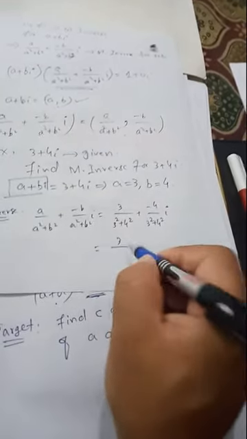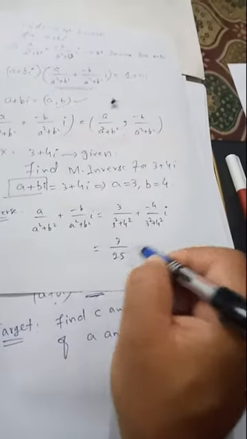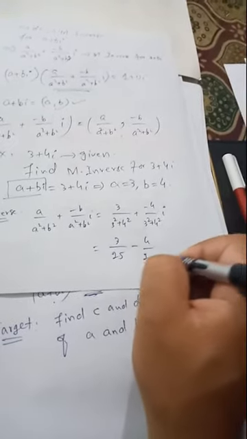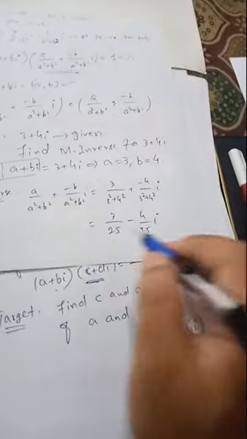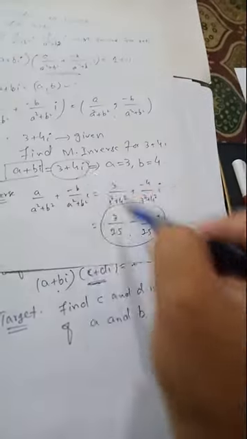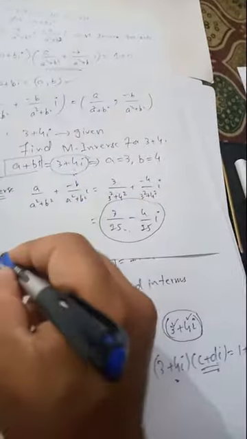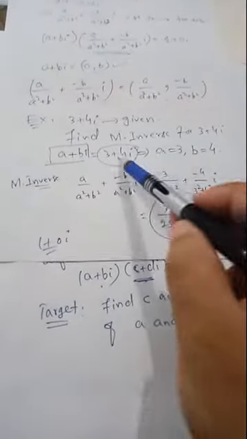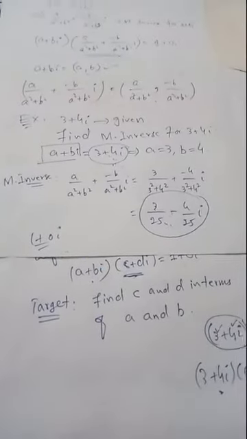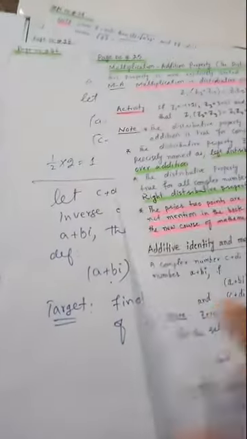So this is 3 divided by 9 plus 16, which is 25. Minus multiplied by plus gives minus 4 divided by 25 iota. So this is the complex number which is the multiplicative inverse of the given one. If you multiply these two complex numbers, you will get the multiplicative identity. Verify this. So this is the multiplicative inverse.